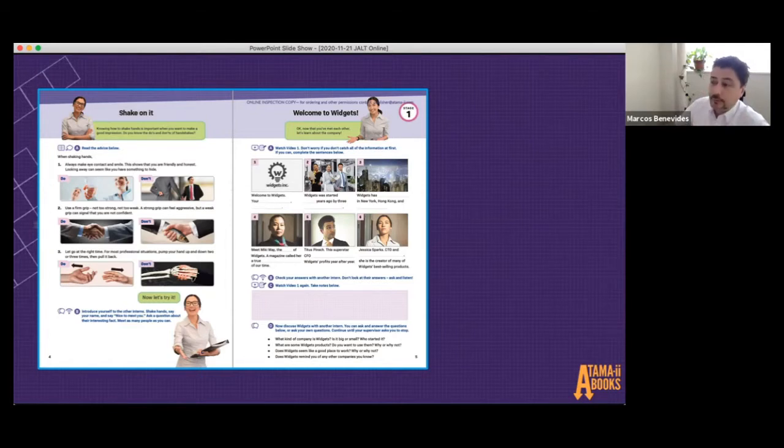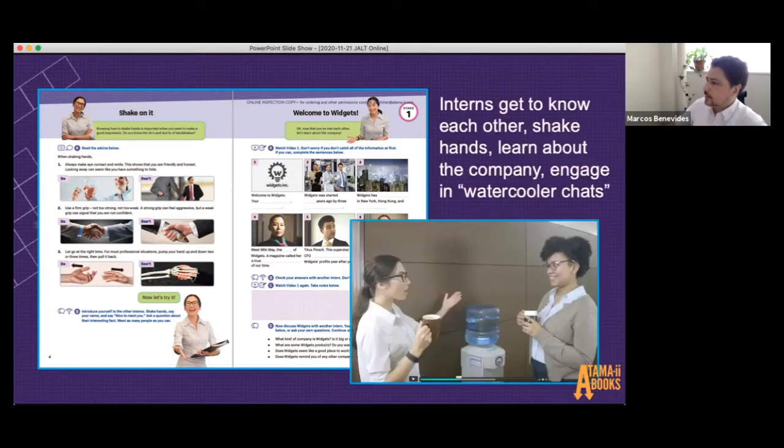They also watch a video about the company, and they find out some of the products of the company and so on. They do some free chats called water cooler chats, which is another opportunity for them to get to know each other and engage in freer conversation within the context of the simulation.